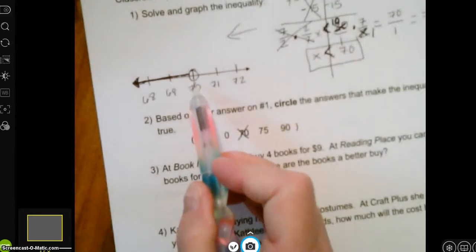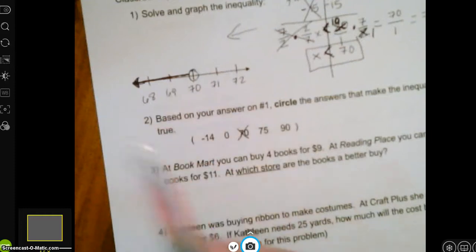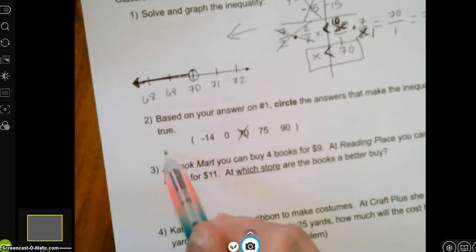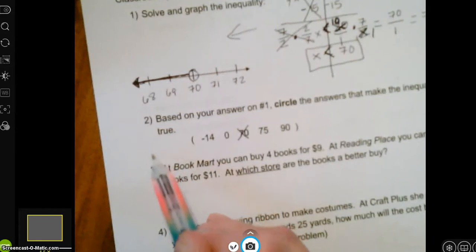So basically, anything less than 70. It can be 69.88888, 69.99999, but it cannot be 70. And it can be any negatives. Every single negative would work. Okay, so your job is then to do number 2.